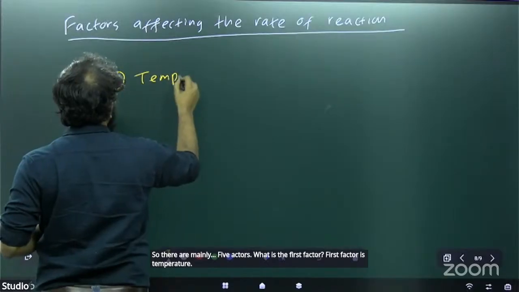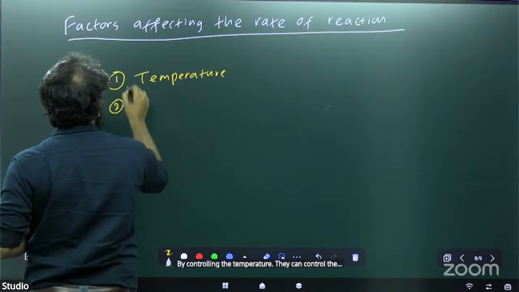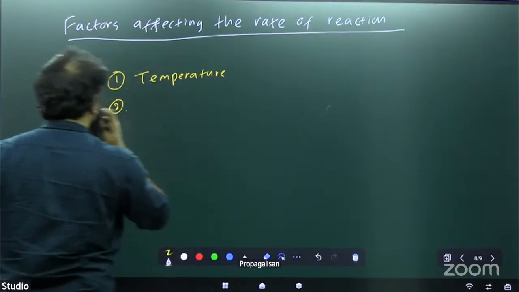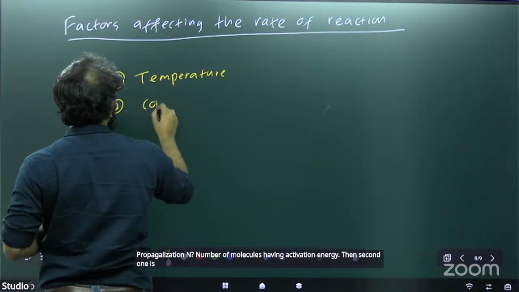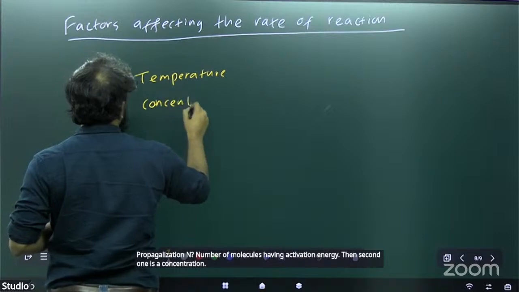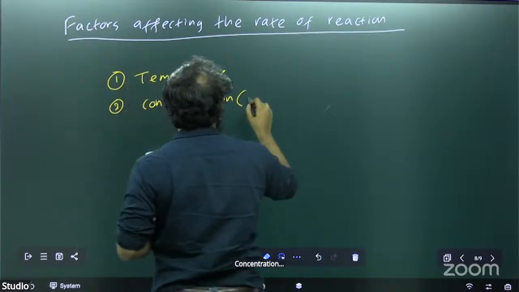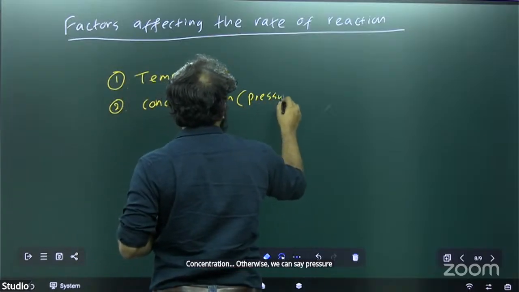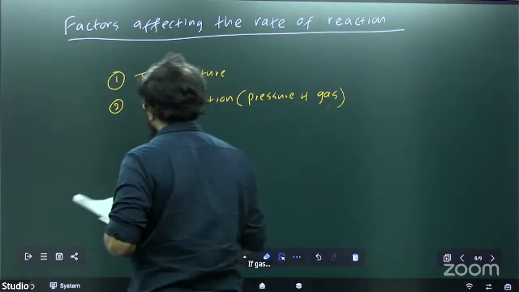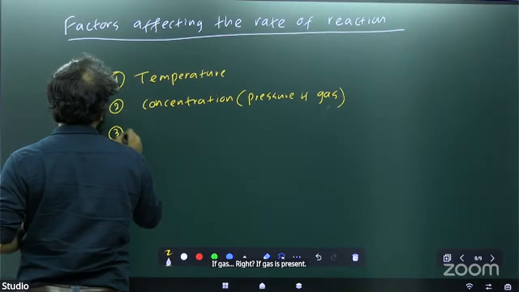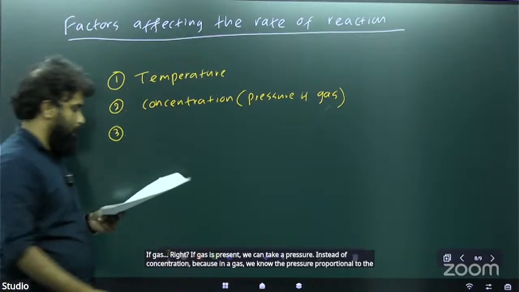By controlling the temperature, we can control the number of proper collisions and the number of molecules having activation energy. The second one is concentration, otherwise we can say pressure if gas. If gas is present, we can take pressure instead of concentration, because in a gas the pressure is proportional to the concentration.